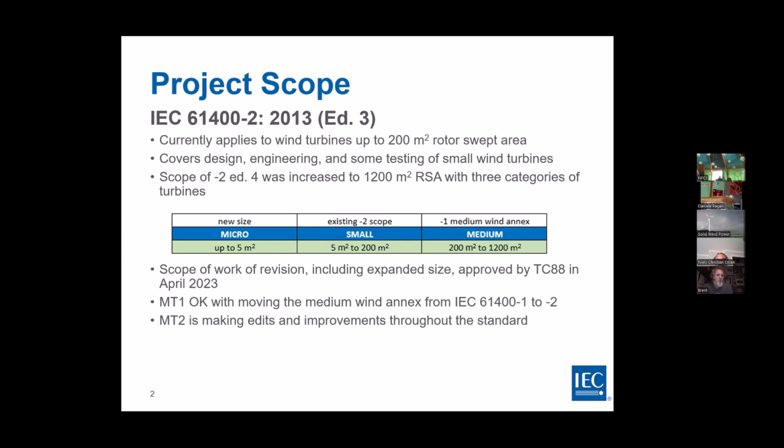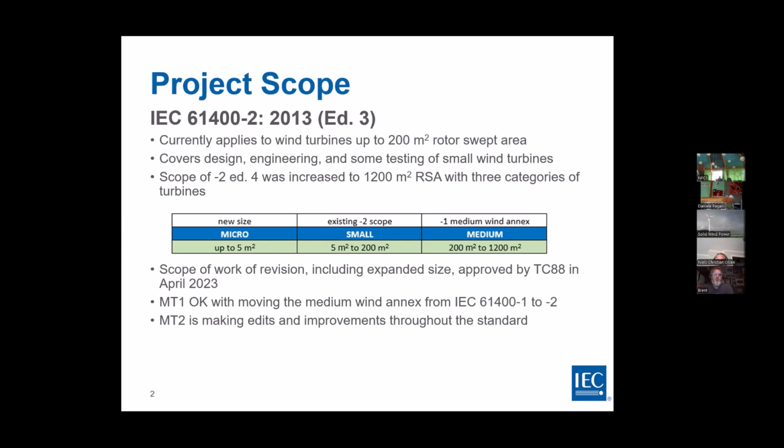And then micro is probably up to about a kilowatt or smaller, and we put that category in so that very small turbines could have specific requirements. The scope of work was also to work through the whole standard in light of this expanded scope and new size categories that was approved in April 2023 by TC88.